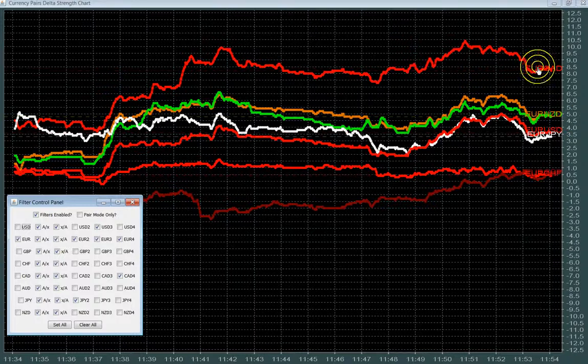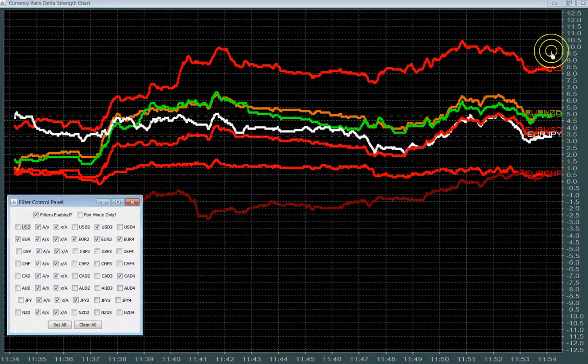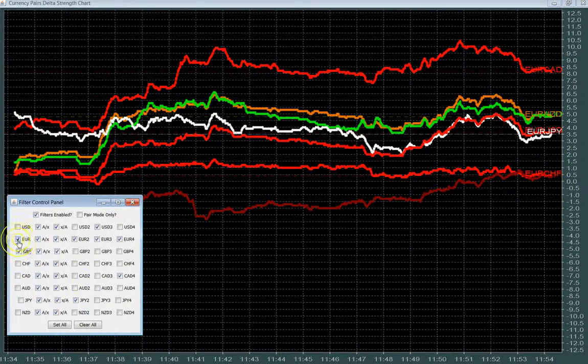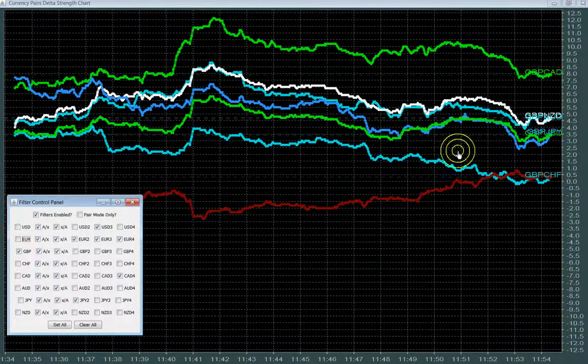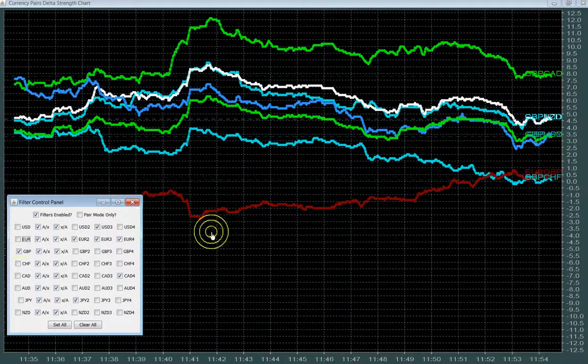So in a fraction, we have a top over a bottom, A over B, euro over CAD. That happens to be the strongest. Let's go to the British pound cluster of currencies. So I'll call it a currency cluster. So these are all of the currencies which involve the British pound. Moving down, Swiss franc.